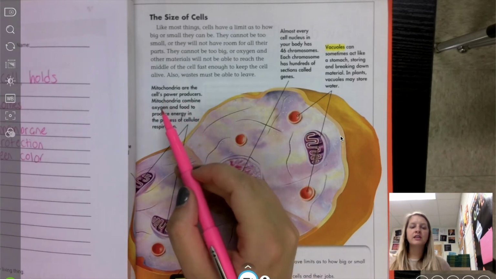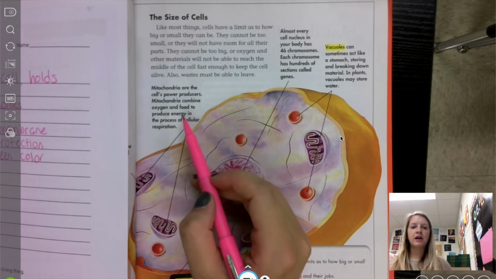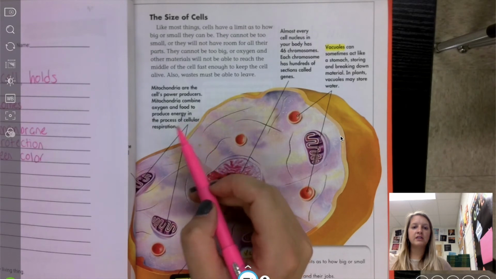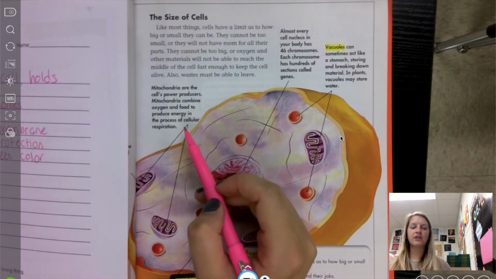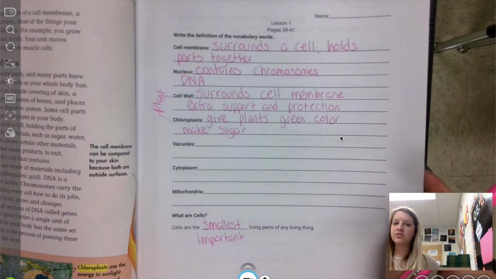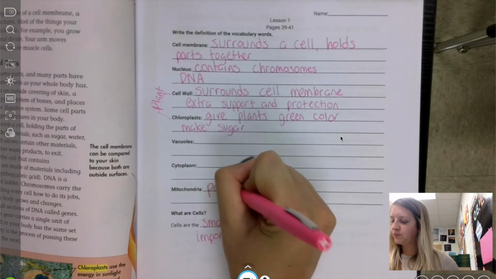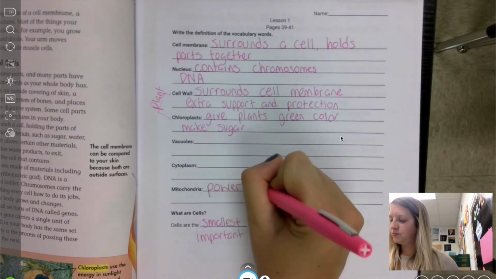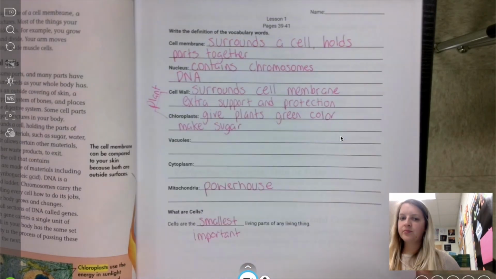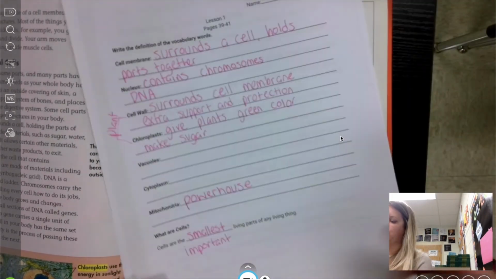Mitochondria are the cell's power producers. Mitochondria combine oxygen and food to produce energy in the process of cellular respiration. So the big thing is I'm going to write down that mitochondria are the powerhouse. I'm also going to write down that they're the producers.